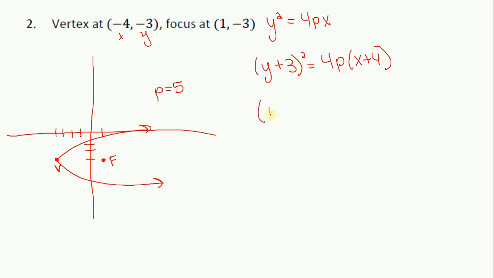So in this case, the equation of my parabola would be (y plus 3) quantity squared equals 20 times (x plus 4). And that would be the final answer for number 2.